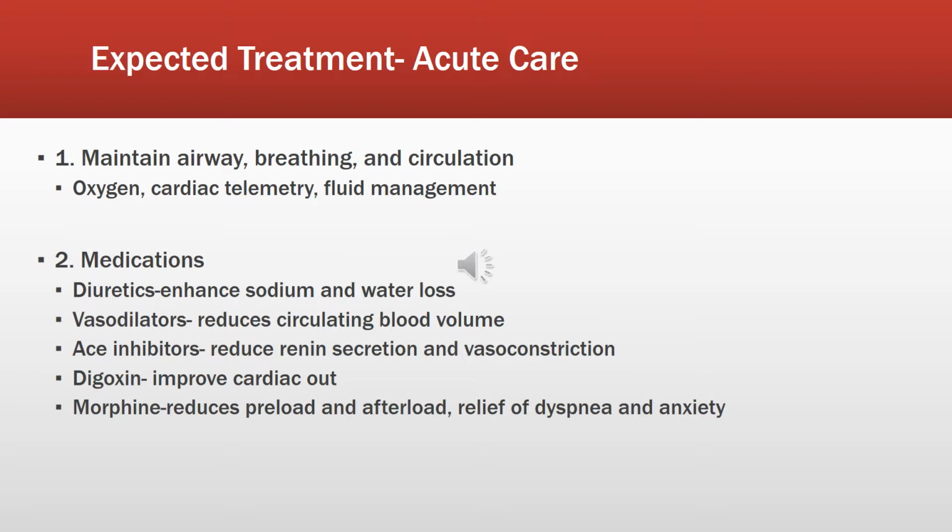In more stable patients with acute heart failure, they may require hospitalization also, but not need to be in the ICU. So they're often admitted on a telemetry unit or a step-down unit for treatment. We'll be assessing those patients every 4 hours with their vital signs, at least, and pulse oximetry, to make sure they're receiving adequate oxygenation.